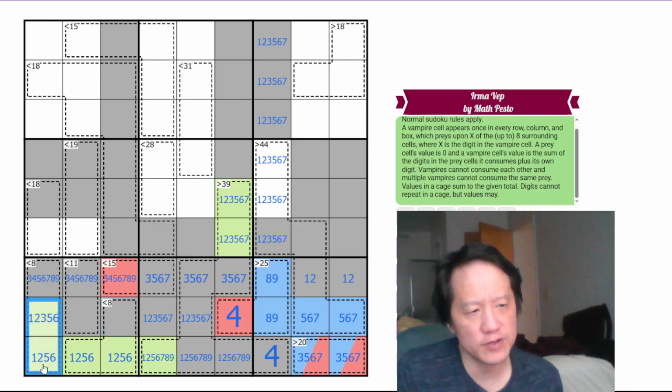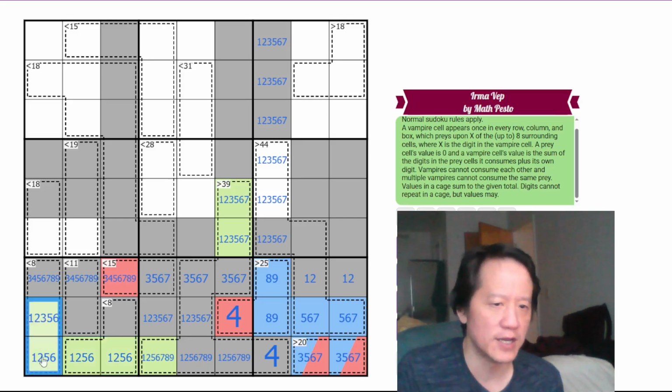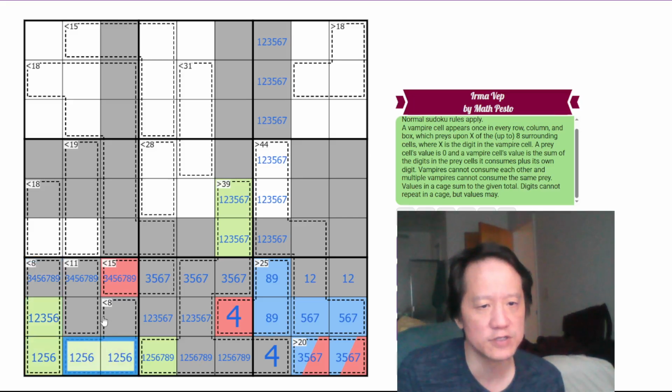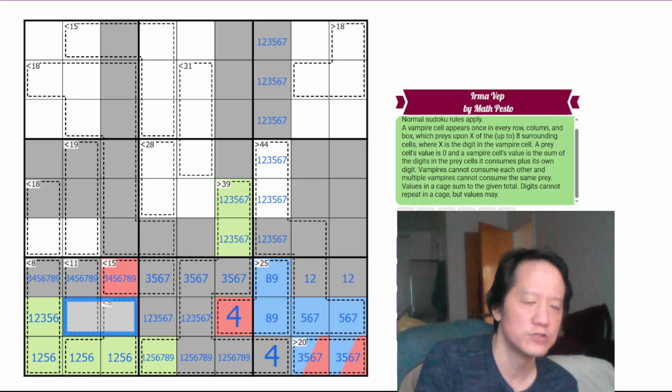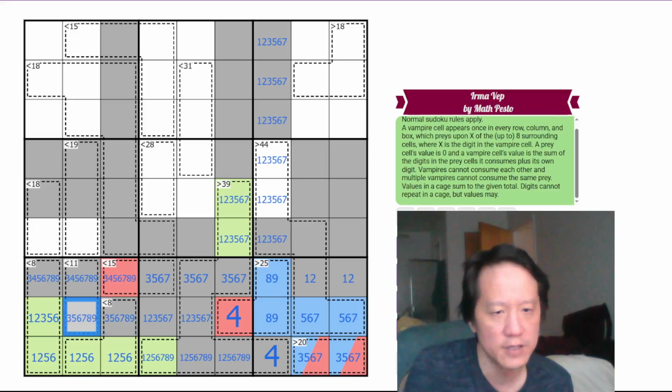Because 1 out of these has to be 1 or 2. 1 out of these has to be 1 or 2. Right? If this is not 1 or 2, it has to be 3 and 5 at minimum, which is 8 or greater. And if this is not 1 or 2, this has to have 5 or 6. So the rest of the cells in the box cannot be 1 or 2. It's 3, 5, 6, 7, 8, and 9.